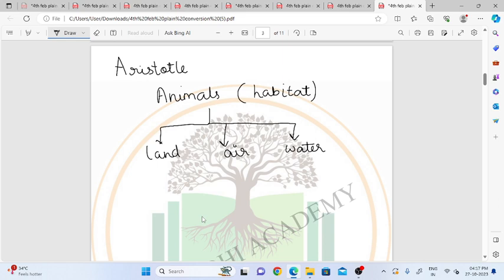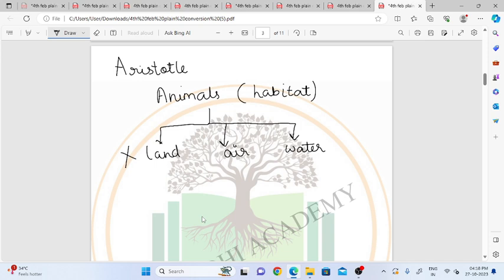Terrestrial animals, then flying animals like birds, and aquatic animals. So Aristotle classified based on habitat, but habitat itself was not enough to classify these organisms. There were various other characteristics that also played an important role. So this classification was not that advanced.